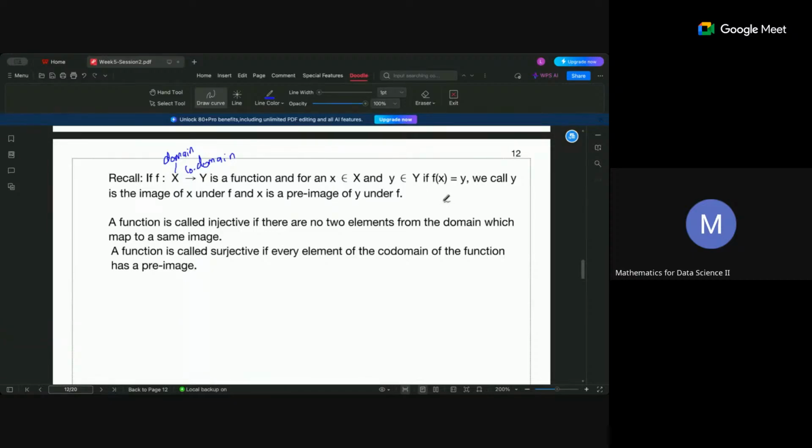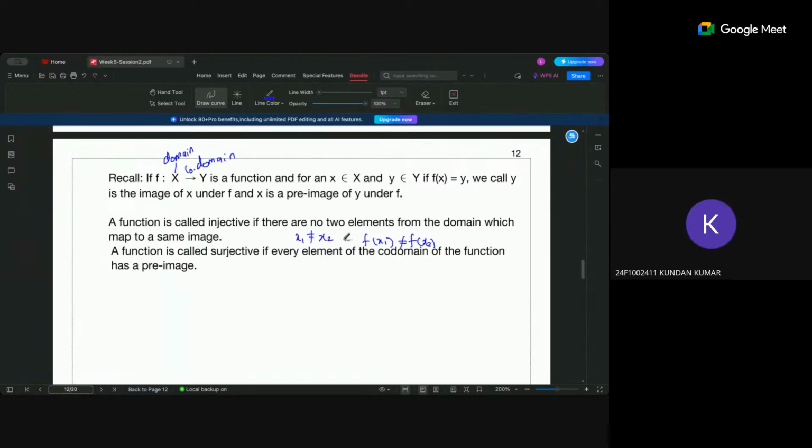Now a function is called injective if there are no two elements from the domain which map to the same image. It means what? Suppose you are having two different elements, then f of x1 and f of x2 cannot be the same.